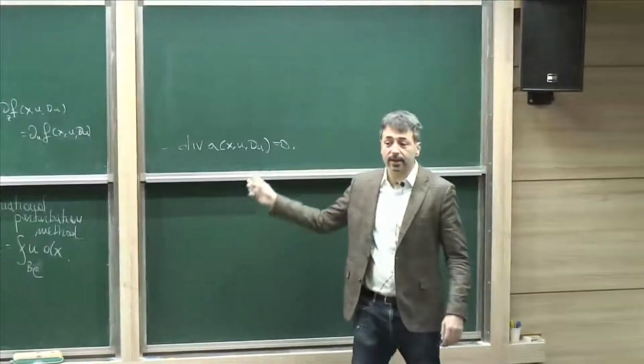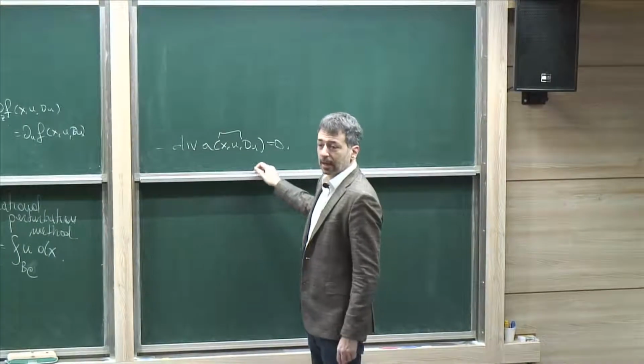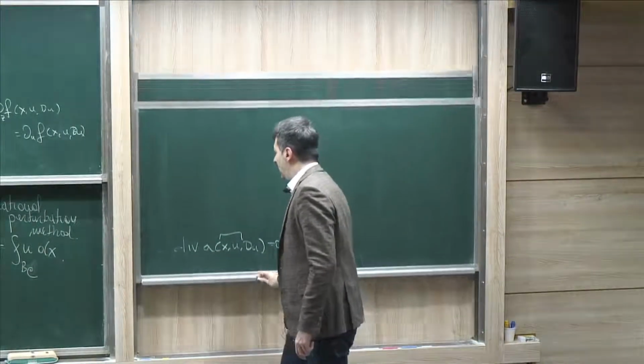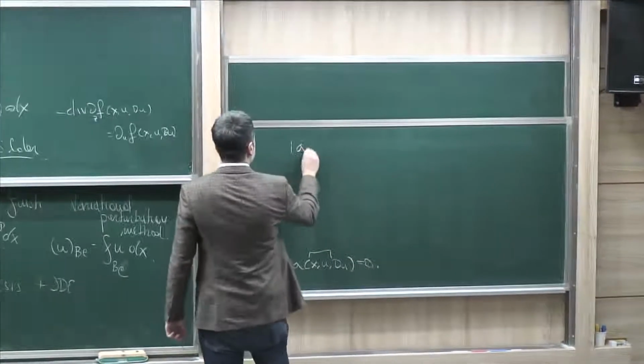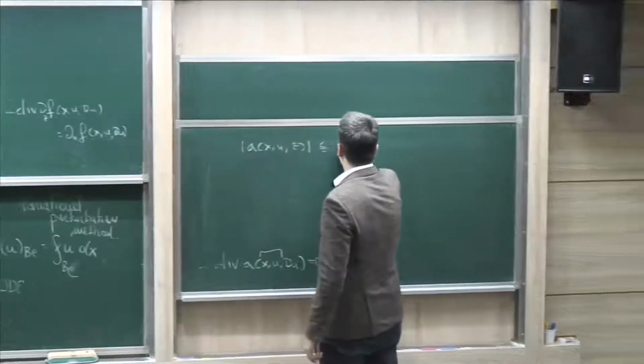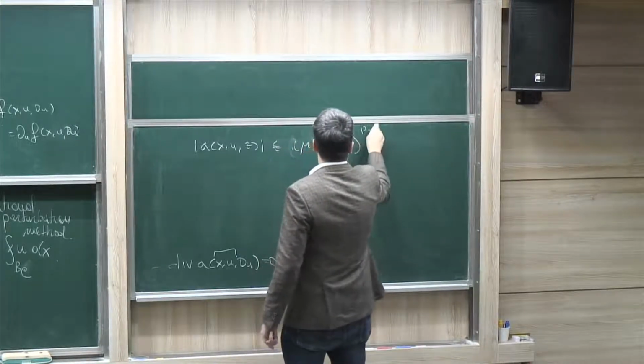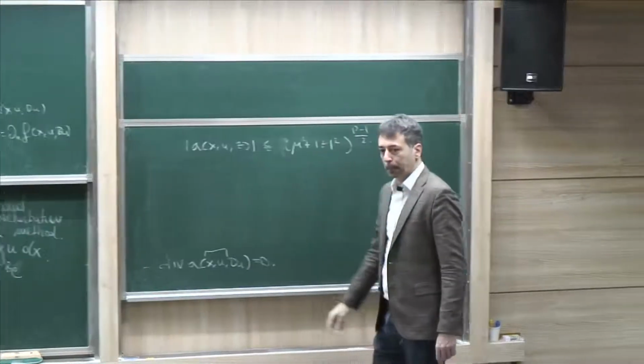And here you can directly use the equation, making a perturbation on the same things. So you will have assumptions like this at this stage, that A of x, u and z grows as mu plus z squared, to the power p minus 1, of course.